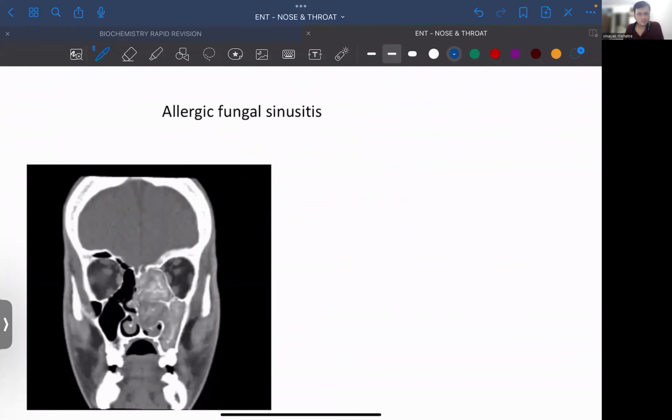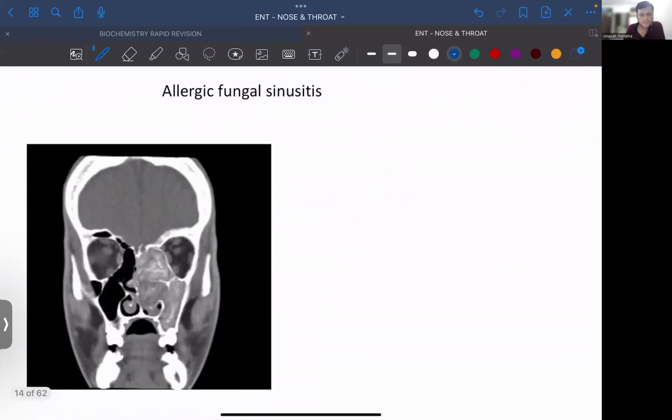You haven't answered the question. Most common cause of fungal infection causing rhinosinusitis. Answer lies in this topic. Causes of allergic fungal sinusitis. Anyone?